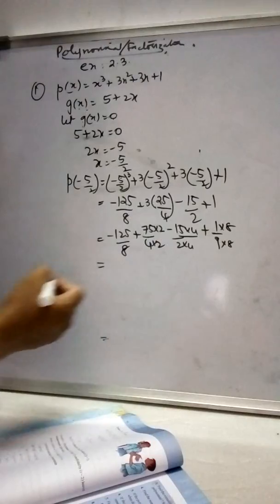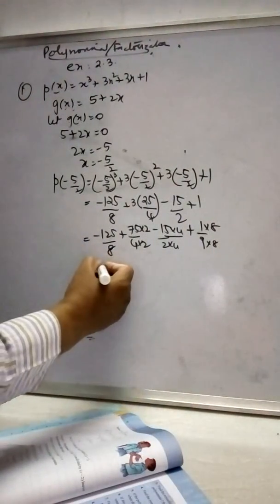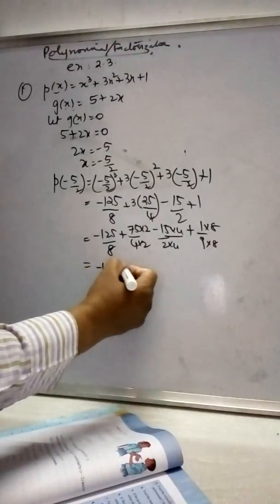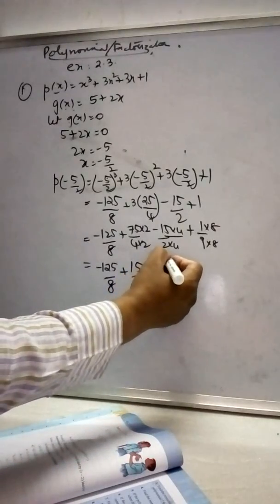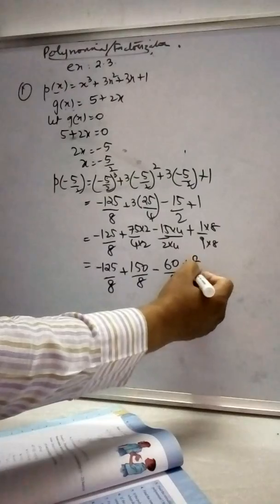So now this will be equal to minus 125 by 8 plus 150 by 8 minus 60 by 8 plus 8 by 8.